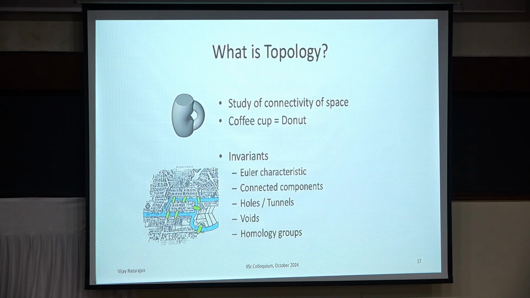Another invariant would be the number of holes or tunnels, or for a 3D space, the number of voids inside. All these named invariants can have mathematical representations. For those who know, Betti numbers, homology, homotopy, and if you want even stronger, homeomorphisms, diffeomorphisms, and so on.